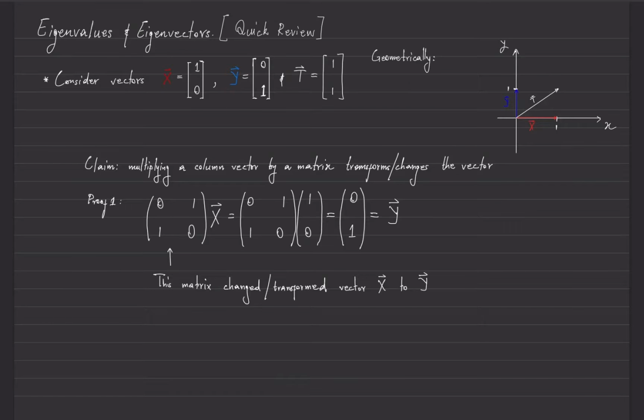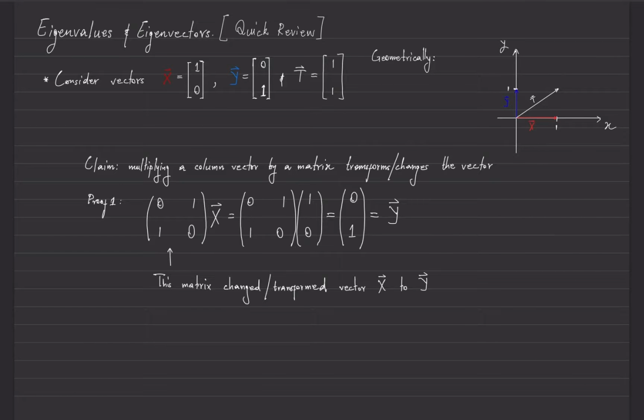So geometrically, vector x bar is represented by this red line. And the same goes for y bar. Its x coordinate is 0 and its y coordinate is 1. So if we were to draw a line represented by this vector, it would be this blue line. I have to say that this has not been drawn to scale, so don't pay attention to the scale.